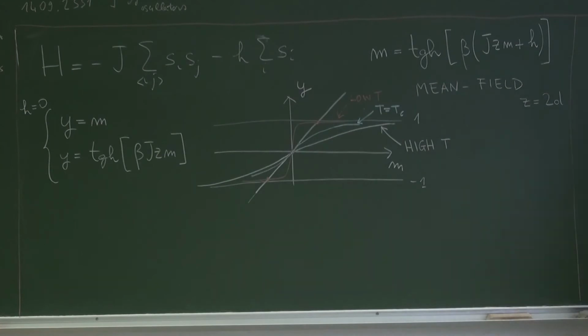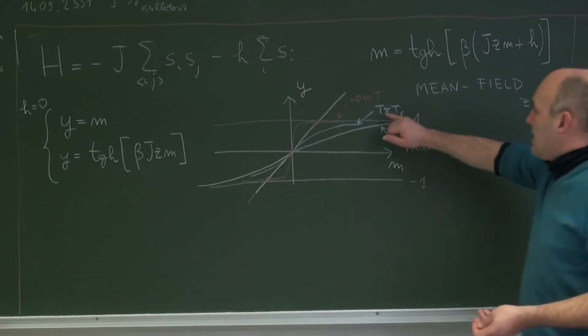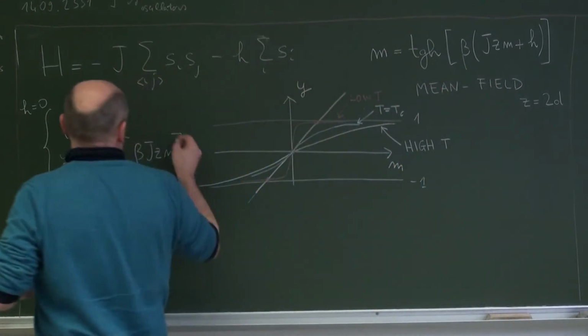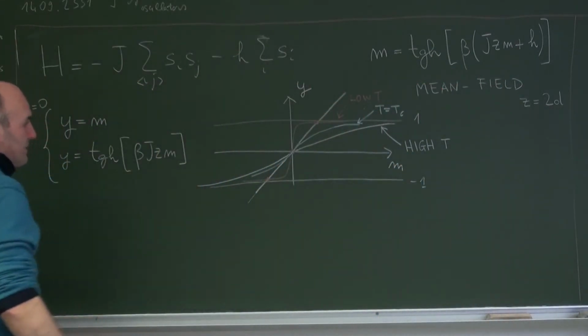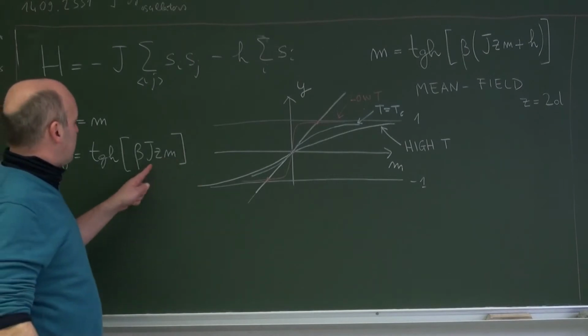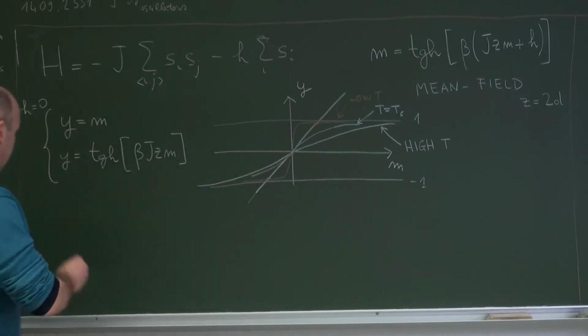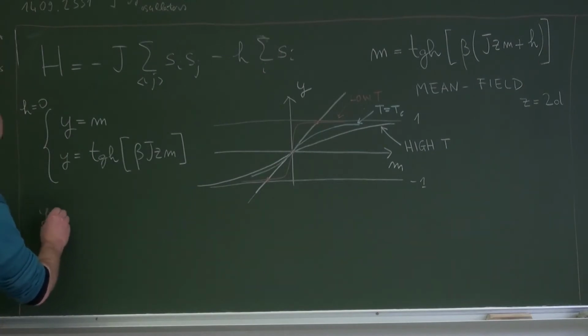So to find this critical temperature, I have to ask when the tangent around 0 has slope equal to 1. Well, I can expand the hyperbolic tangent.